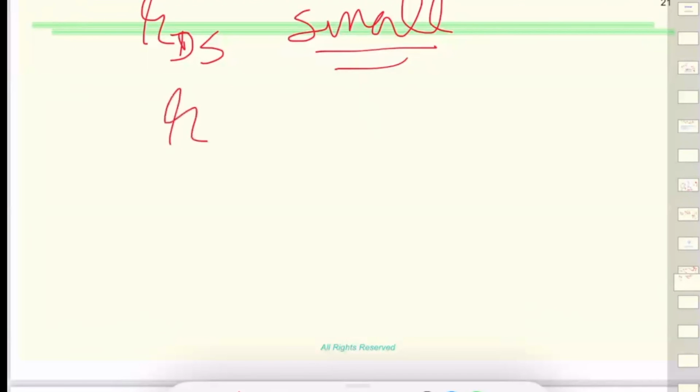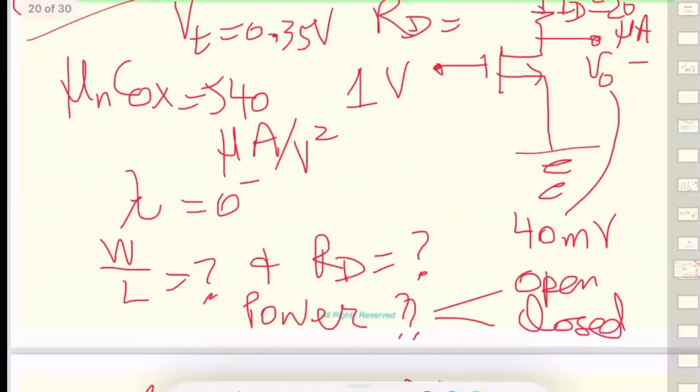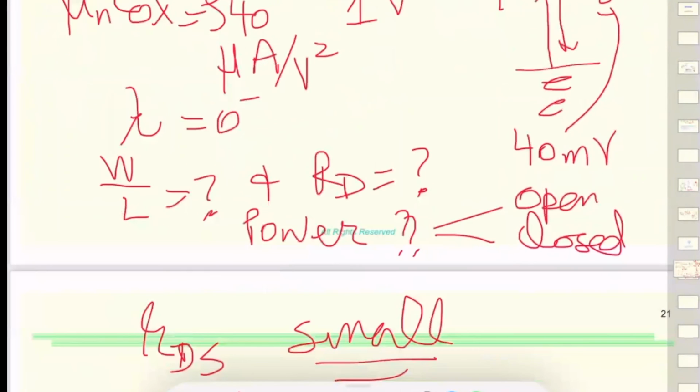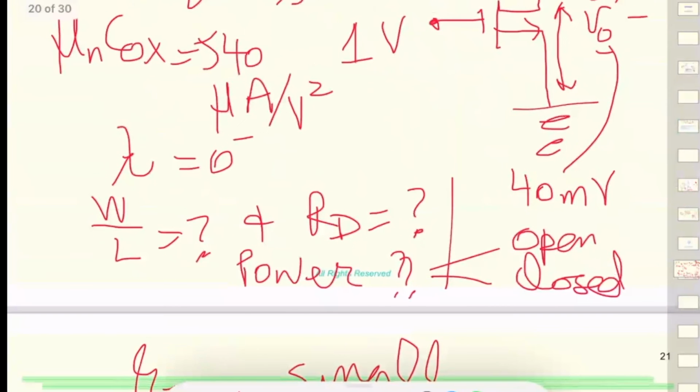So RDS is this resistance. So we have the voltage and we know the drain current that's flowing through the circuit, right? So we can find out RDS, which is VOL divided by ID. Tell me if you didn't see what I just did.